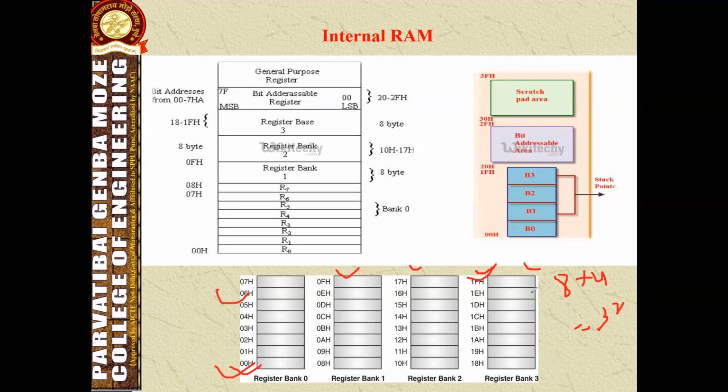The RAM locations 00H to 07H are set aside for bank 0, and R0 is at memory location 00H. Then the second bank register starts from 08H to 0FH, and the third bank register starts from 10H to 17H.